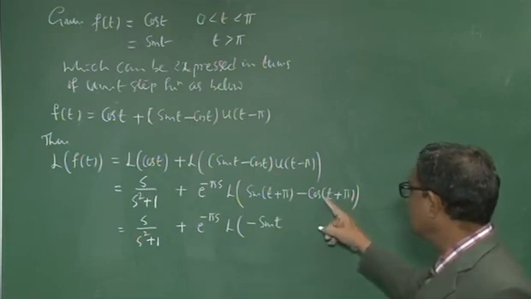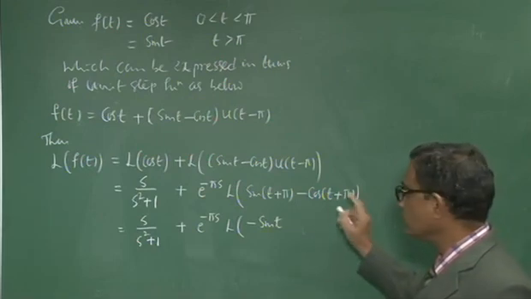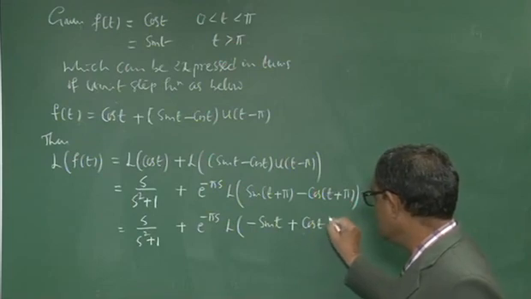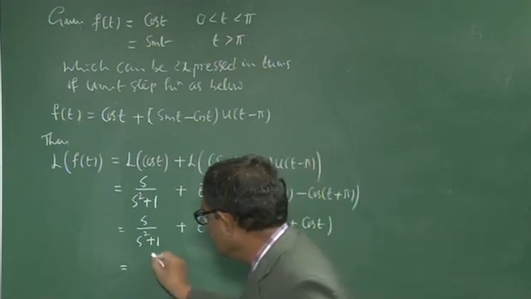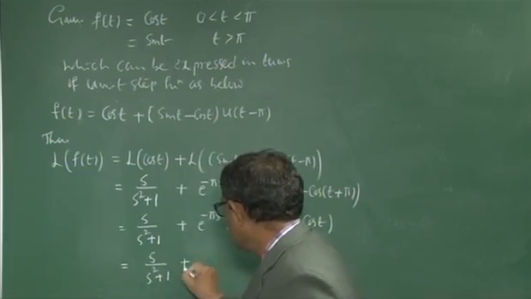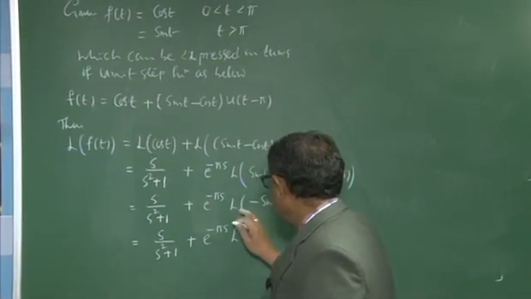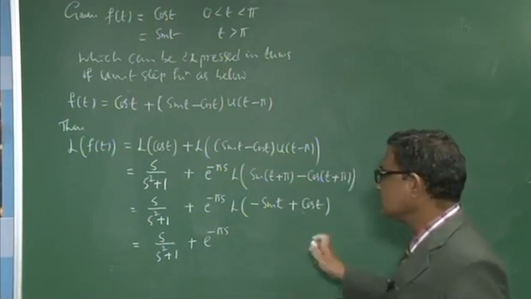Now here also cos of pi plus theta is minus cos theta, minus into minus plus cos theta, also in the third quadrant. Now you can write s divided by s square plus 1 plus e raised to minus pi s L of minus sin t.